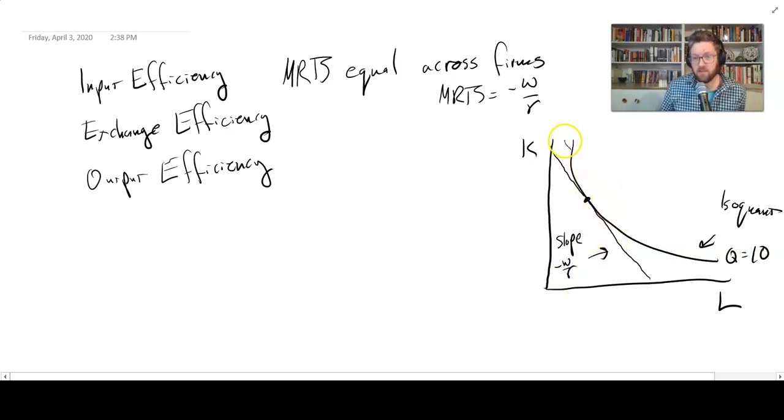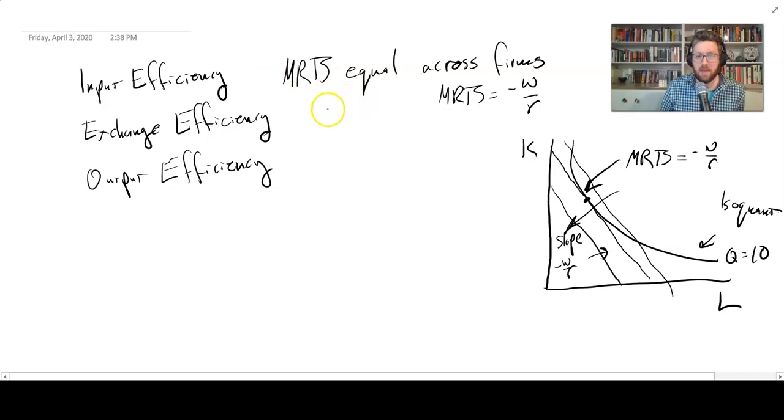I want to find the iso cost curve that is as close to 0 as possible, but is still at least intersecting somewhere with this isoquant of Q equal 10. Okay? So basically, I do that by finding this tangency point, and this tangency point ensures that the marginal rate of technical substitution equals negative W over R.